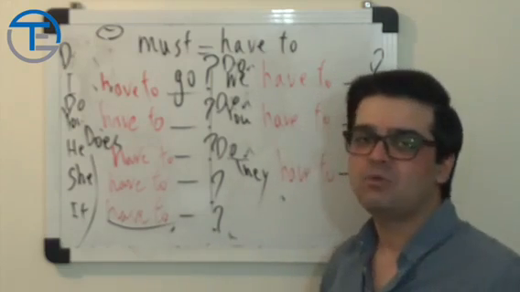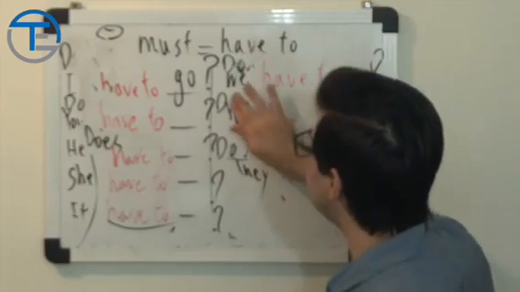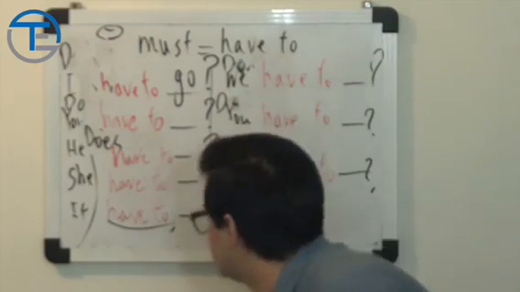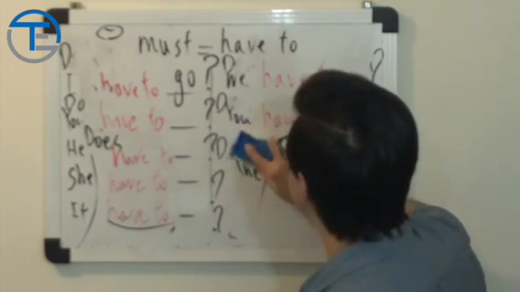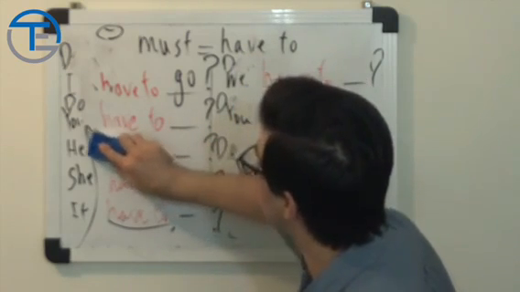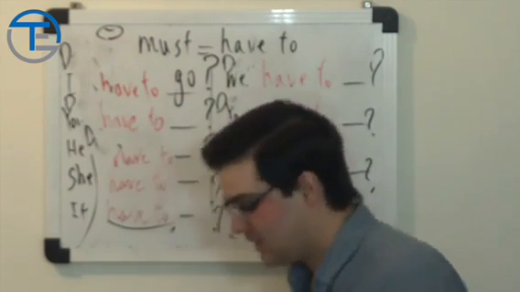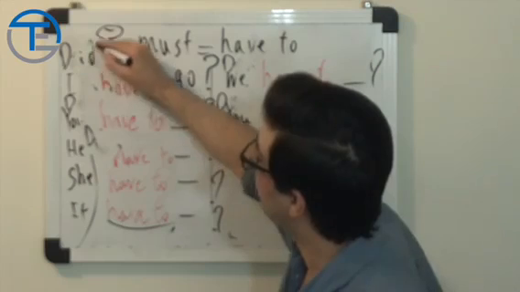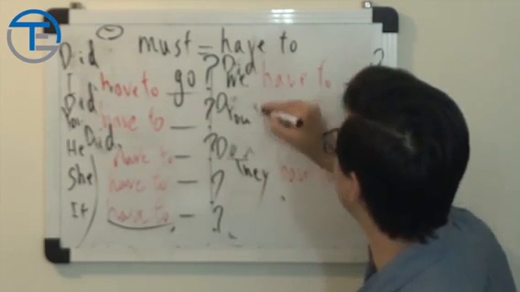If you want to make a question in the past, use did for all subject pronoun. That is yes/no question. Okay, did for all of them.